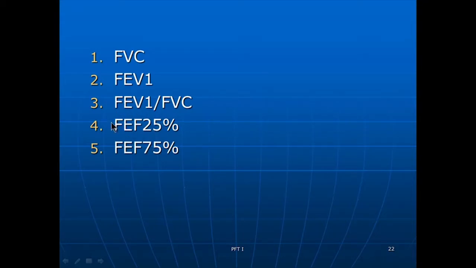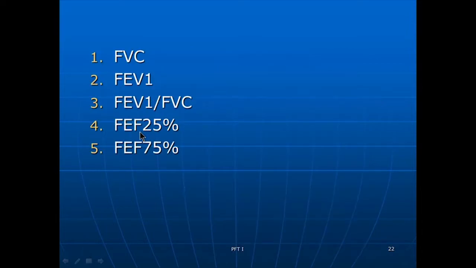So flow is going to give you an indication that there is a problem with the lungs. So the flow at 25% of that volume should be exhaled, and at 75% should be exhaled.